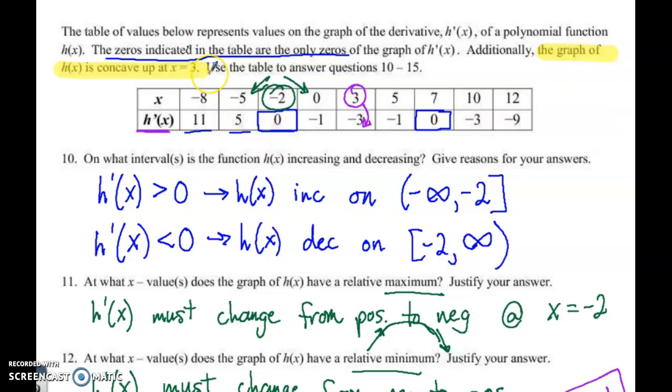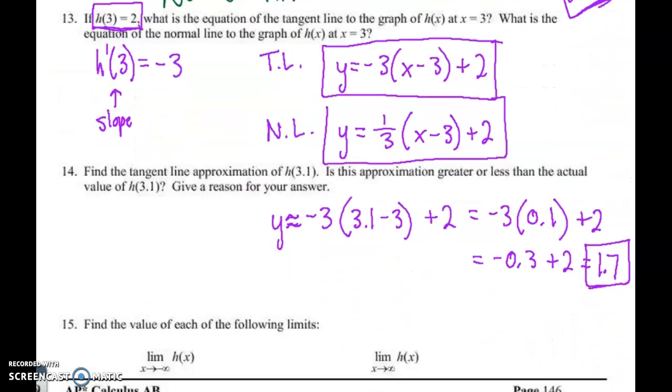If something is concave up, that means it's an upwards U. So at that value we have an upwards U. Now we don't know which side of x equals 3 we're on. Maybe it's an upwards U that looks like this at x equals 3, or it could be an upwards U on the other side like this.